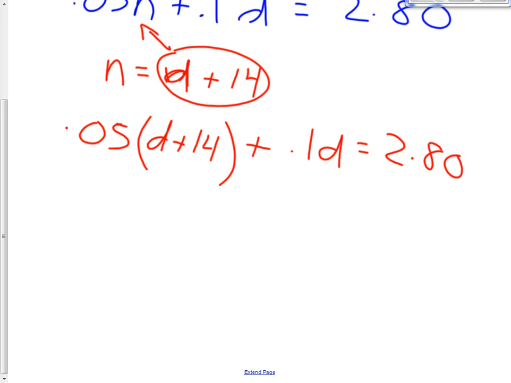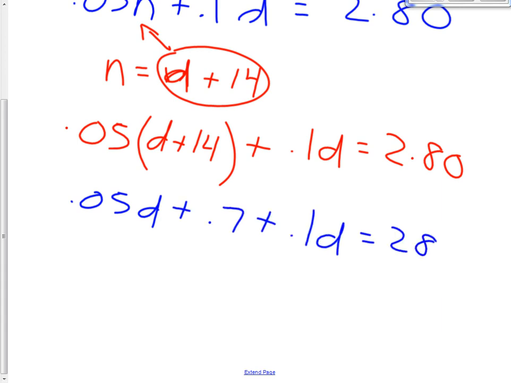Alright, now let's solve. So we have 0.05 D. 0.05 times 14 is going to be 0.7 plus 0.1 D equals 2.80.